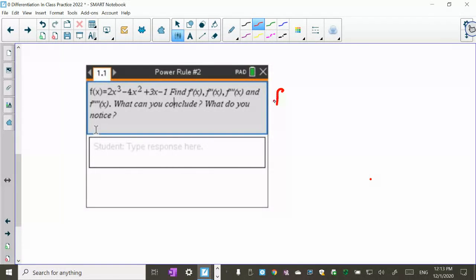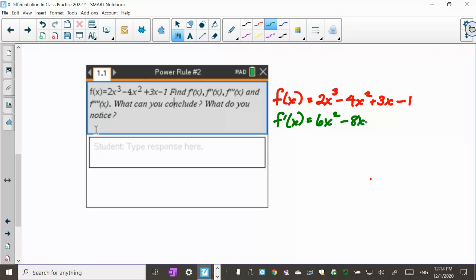So let's kind of do this. I'm going to do f of x equals 2x cubed minus 4x squared plus 3x minus 1. And then we're going to do the first derivative. I'll use Christmas colors here. So that's going to be 6x squared using the power rule, minus 8x plus 3. Okay. And then I'm going to do f double prime of x.